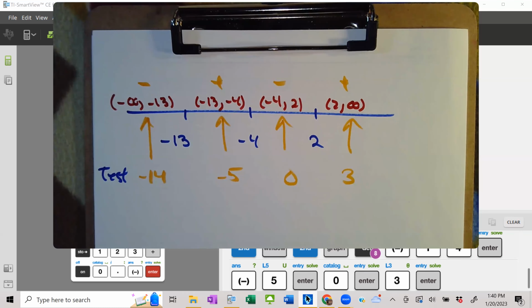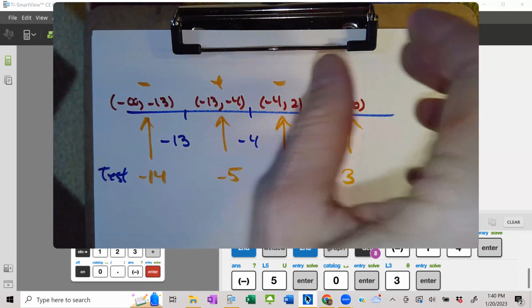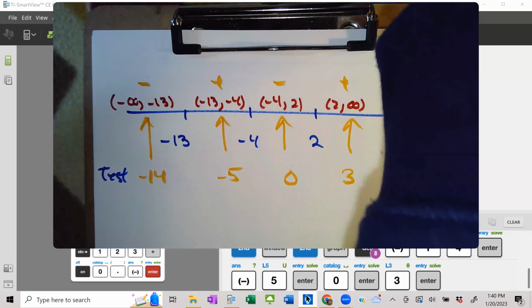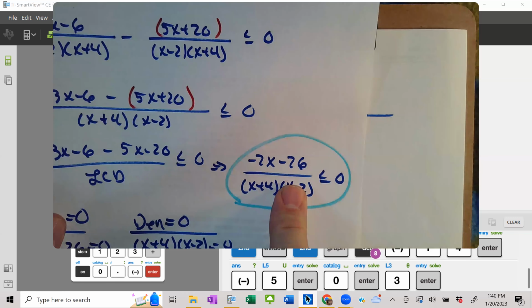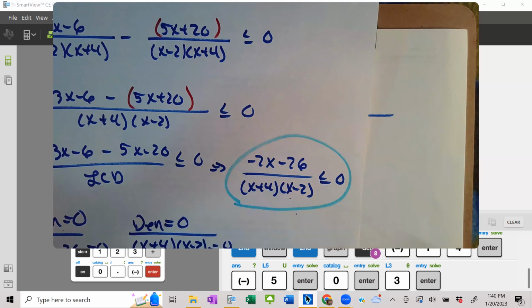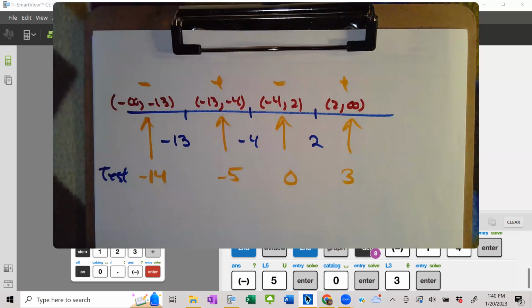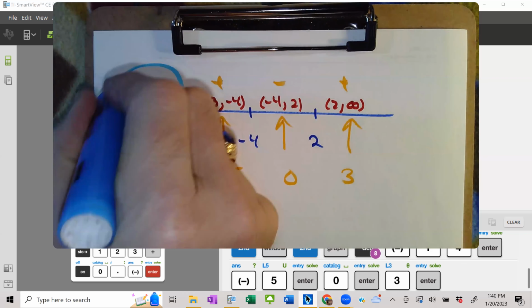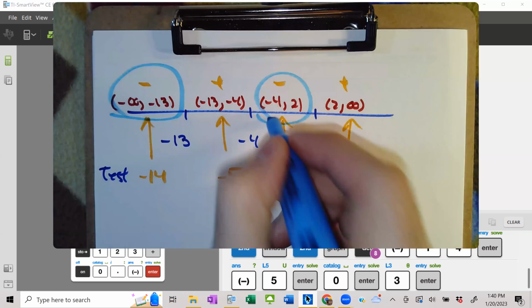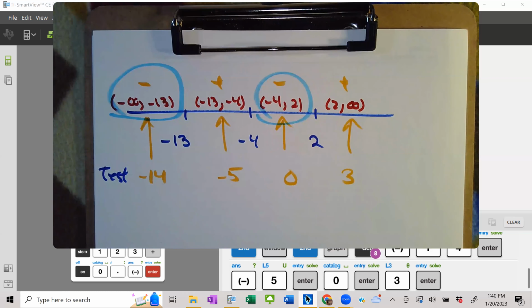I wanted the negative intervals because I wanted to know where this expression was less than or equal to 0. So that implies the negative intervals. So here and here. Don't just go automatically assuming that I'm always going to give you the positive intervals or a greater than inequality.